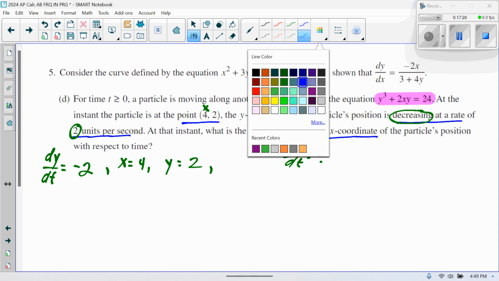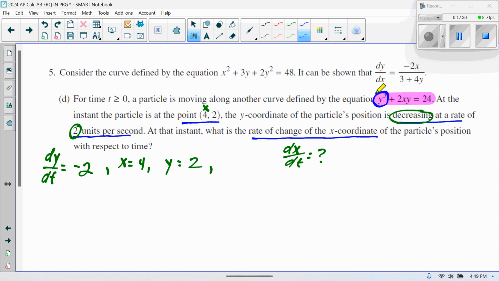Okay, the derivative of y cubed is 3y squared, but that's the derivative of y, so I put dy/dt next to it. Plus, now I have product rule. I'm going to consider 2x my first term and y my second term.